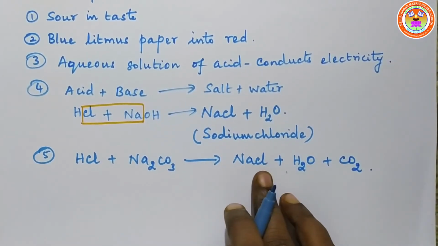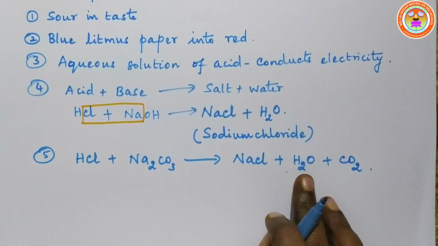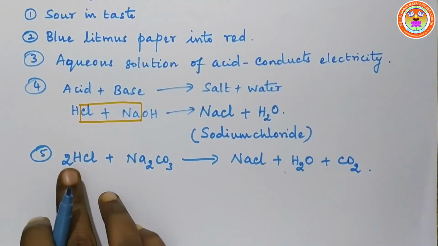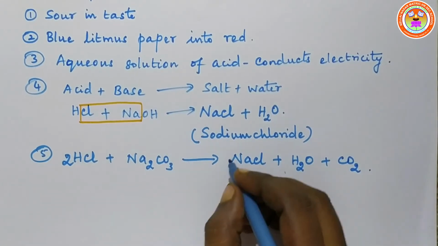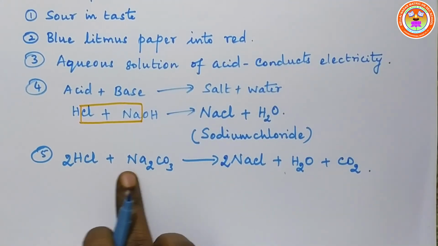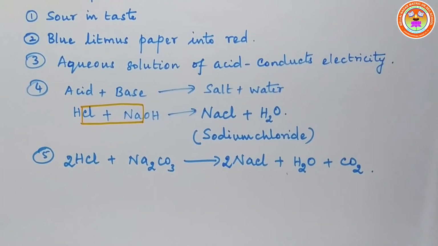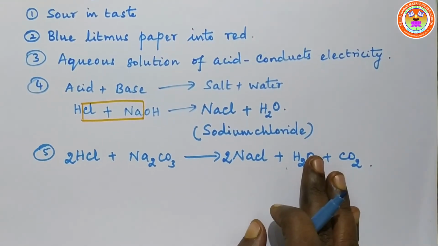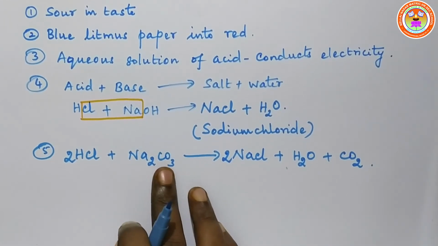We have to balance 2 hydrogen atoms, so we write 2 here. Since 2 chlorine atoms are there, we write 2 here. Here 2 sodium, so it is balanced. Okay children, this is the reaction of an acid with a carbonate salt.